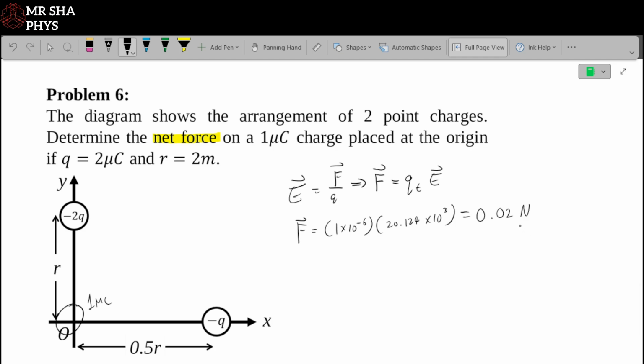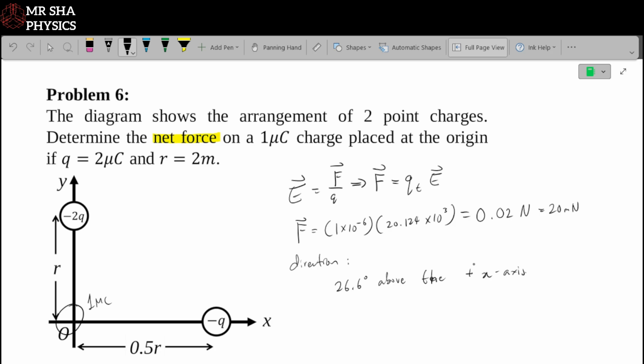That's 2 centinewton, or 20 millinewton. 20 millinewton. And its direction is still going to be the same direction as the electric field, which is 26.6 degrees above the positive x-axis.